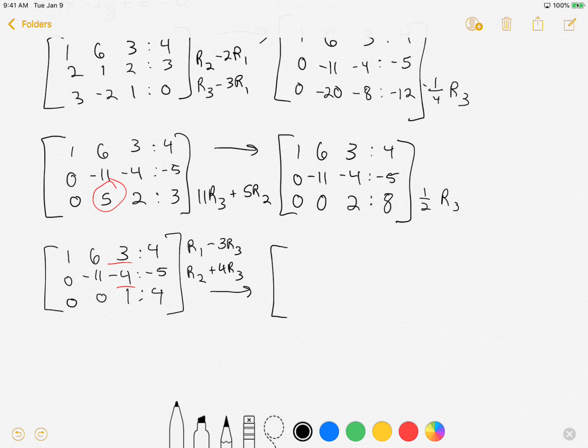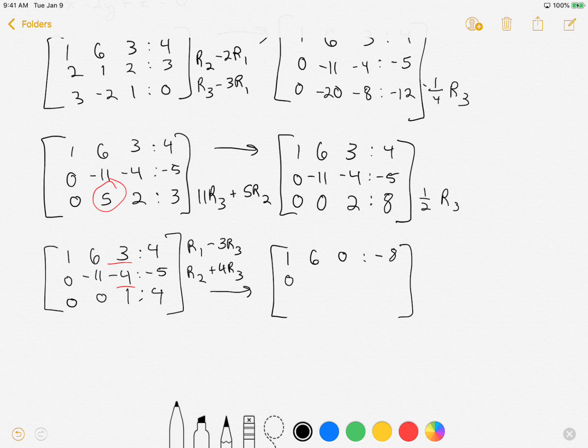My bad. I have 1 minus 0 is 1, 6 minus 0 is 6, 3 minus 3 is 0, and then we have 4 minus a negative 12 is negative 8. Sorry, I was just trying to make sure I was making the right step.